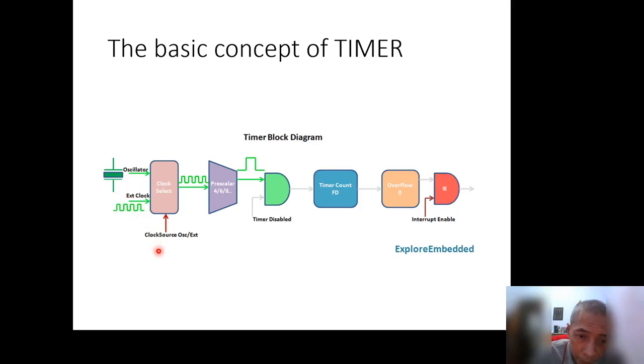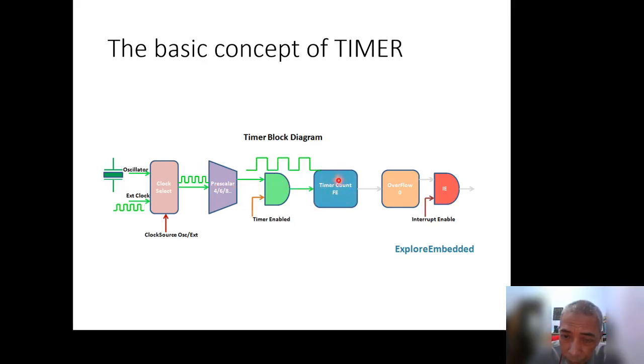Then from either the oscillator or the external clock, it enters the prescaler, divide by 4, divide by 6, divide by 8, and so on. The output from the prescaler goes through something like an AND gate to enable the timer. If you enable the timer, then the clock can go to the timer counter.